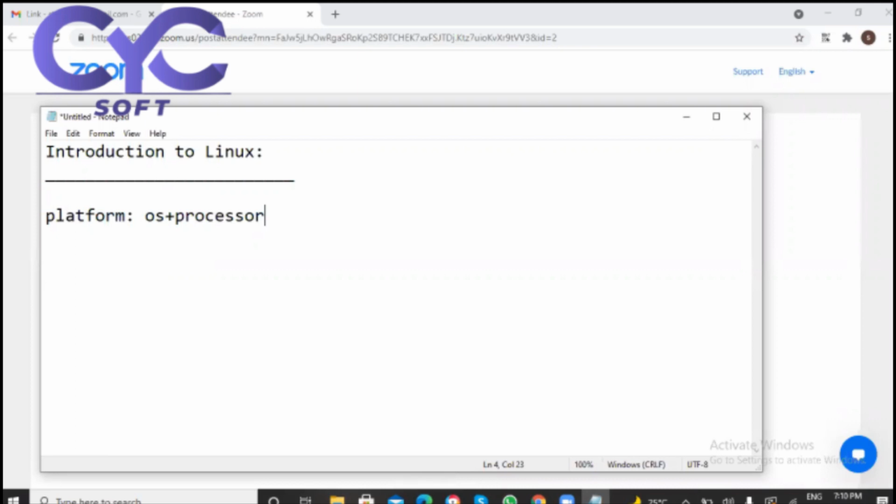Second, read level permission, write level permission, and execute level permission on the folders and files. The third one is encryption level.